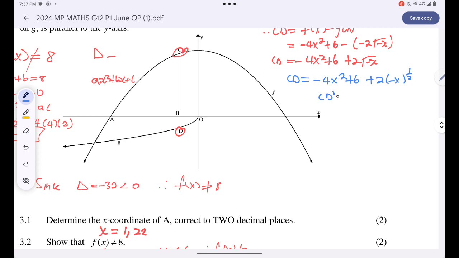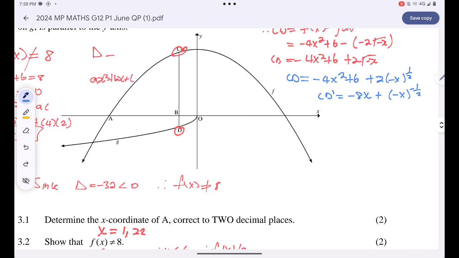Therefore, the derivative will simply be negative 8x plus 1 over 2 multiplied by 2 is 1. I'll simply be left with the bracket with negative half as my exponent, because 1 over 2 minus 1 is just negative half.